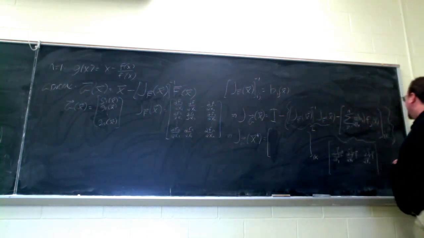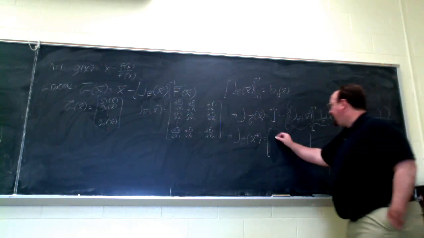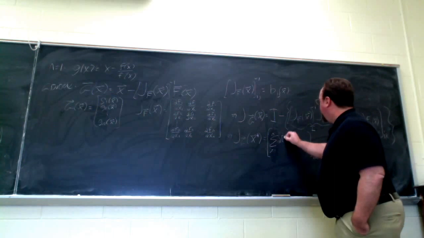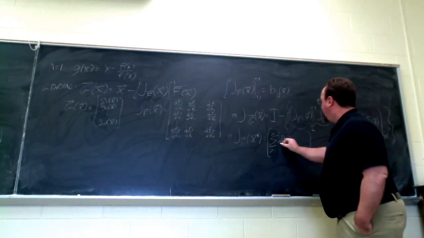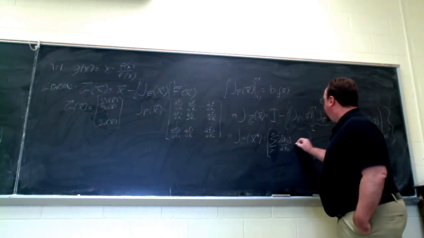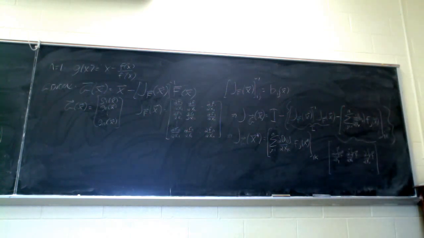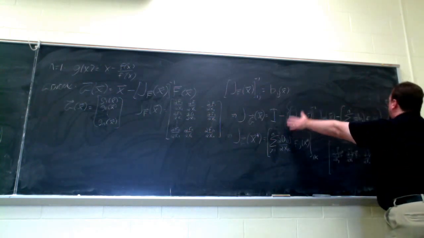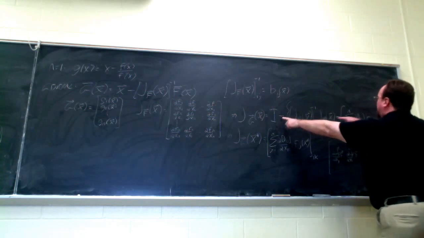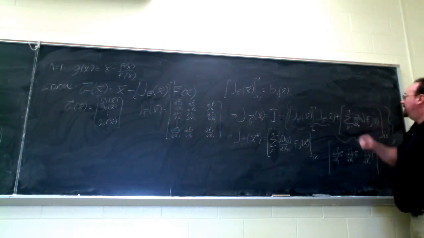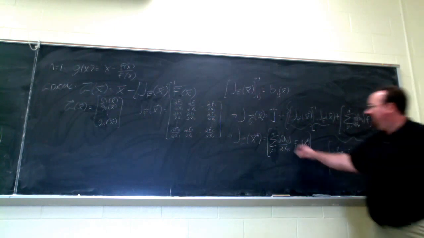And then you have this sum of these nasty partial derivatives of Bij with respect to xk times fj at x star. But this whole thing is in braces. I have a minus and a minus. Oh, no, sorry, minus, because of the plus.